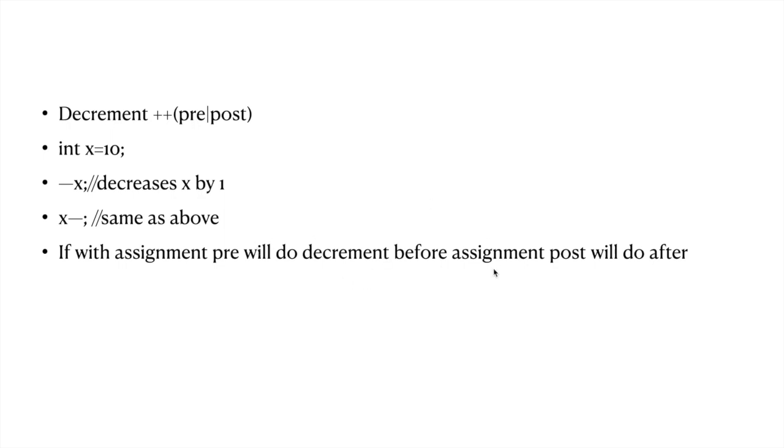If it is post, then the decrement will happen later on. So this will decrease the value of x and assign it after decrement to y. This one will assign the value of x to y and then decrease the value.